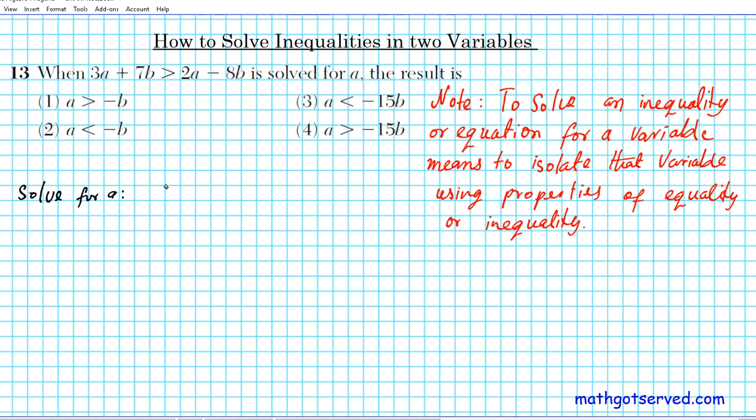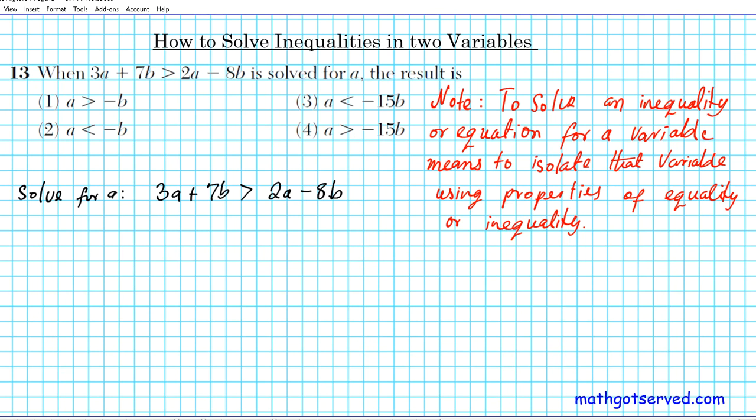Alright, so we have an inequality: 3a plus 7b is greater than 2a minus 8b. So the goal is to get the a by itself. Okay, so what we are going to do first is collect like terms to different sides of the inequality. We want all the terms with an a component on the left side and every other term without a's on the other side.